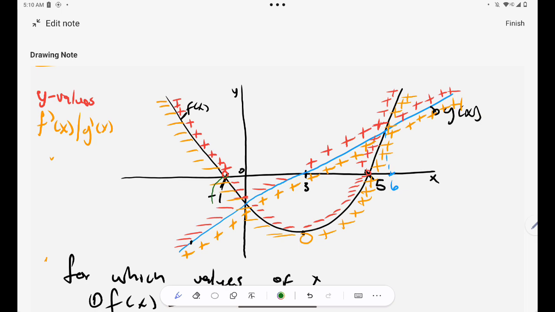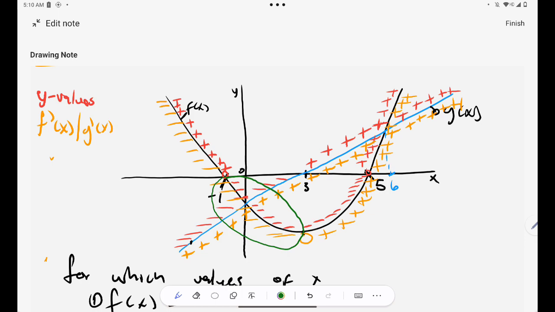When I look from here to here, both the red and the orange are negative. It simply means the graph is below the x-axis. That means it's negative, and the graph was still decreasing at that time. So when x is between -1 and 0, I have my graph and the derivative having the same sign.